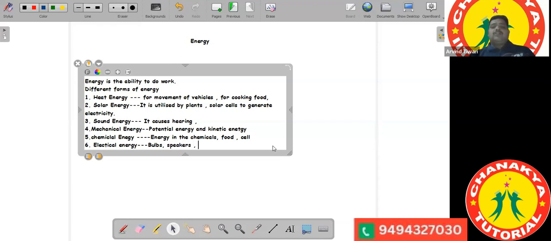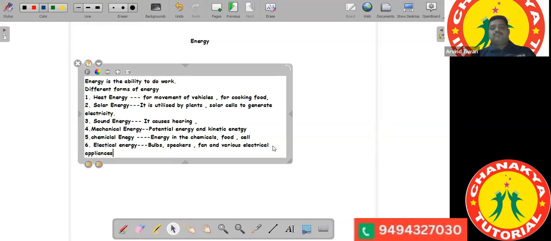It is also used to run fans and various electrical appliances, like your electric motor and electric geyser. All of them run by the use of electrical energy.